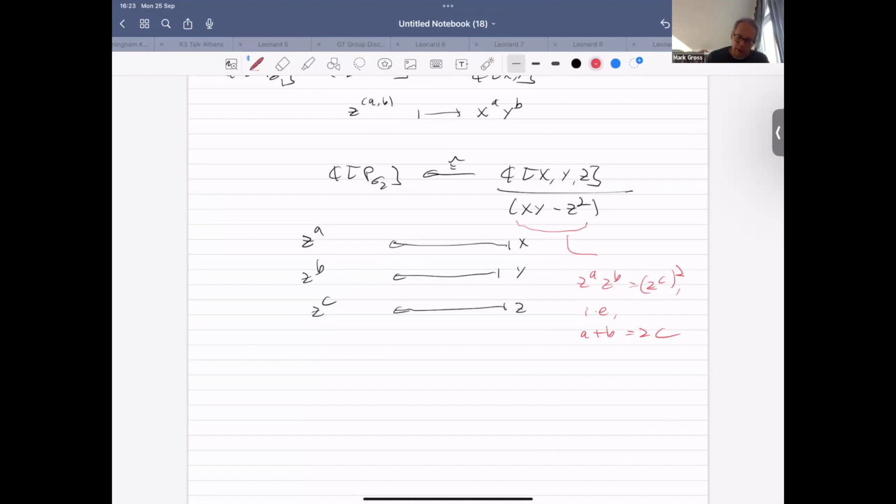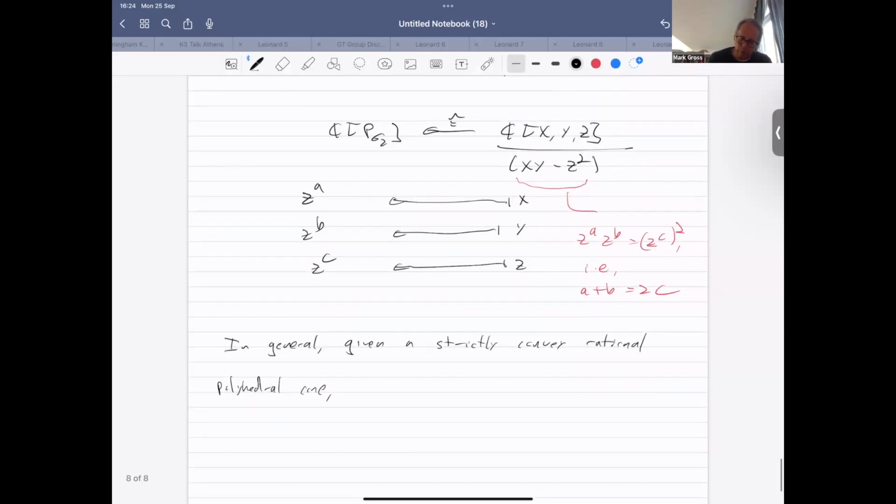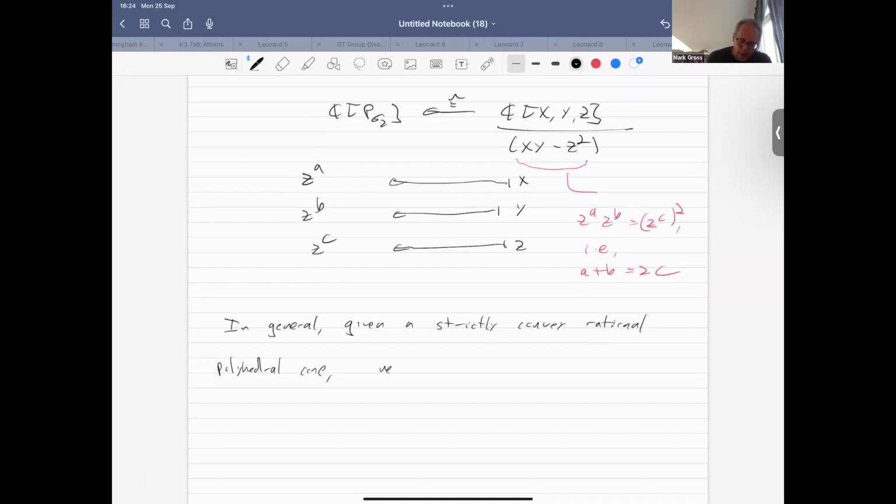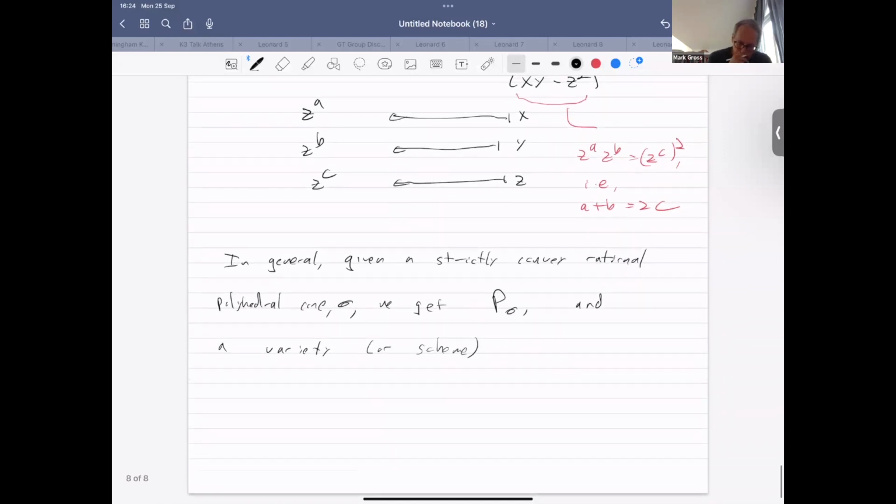But what we get in particular, in general, given a strictly convex rational polygonal cone sigma, we get P sigma and a variety or scheme. I believe you have had some exposure in the series to scheme language.